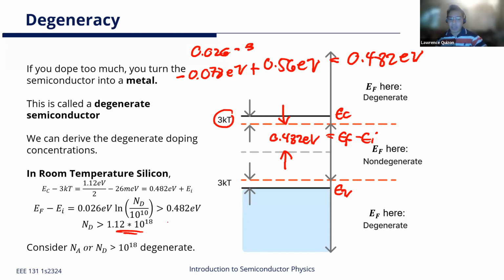And solving for ND, we find that doping on the order of 1.12 times 10 to the 18 is degenerate, no? So we consider Na or Nd greater than 10 to the 18 degenerate. No? So it may be 1.12, but consider anything on the order of 10 to the 18 degenerate na.